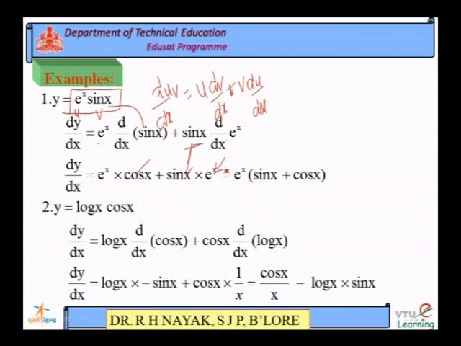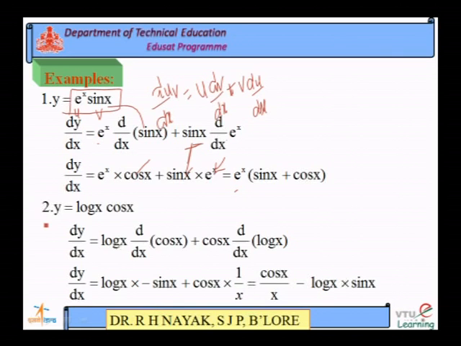Therefore e power x cos x plus sin x into e power x. We have e power x common, so taking it common, the remaining is e power x into sin x plus cos x.